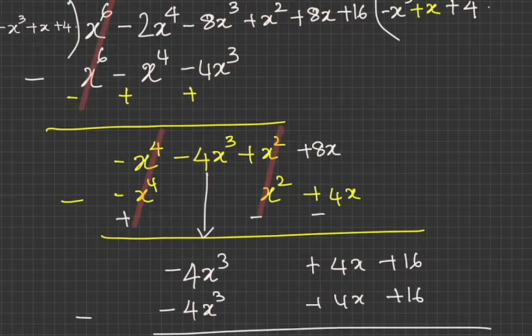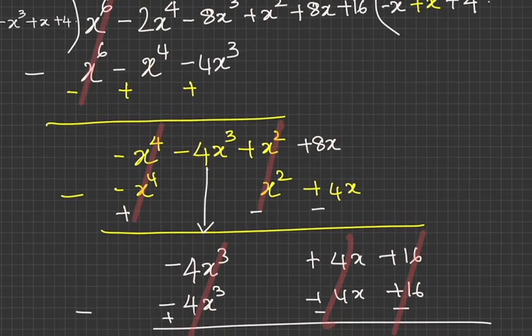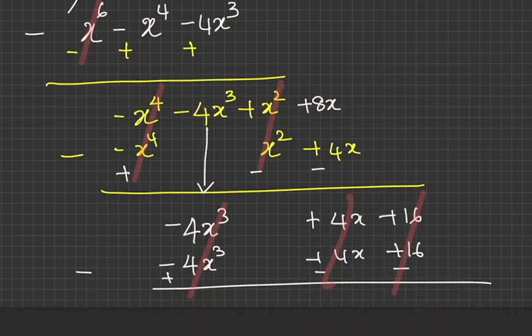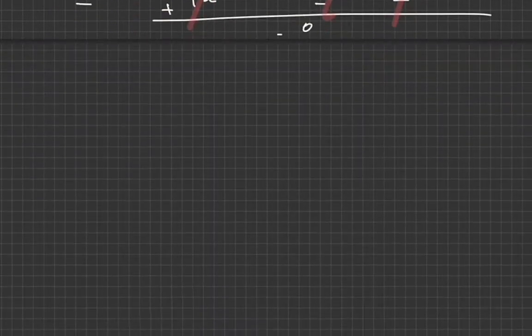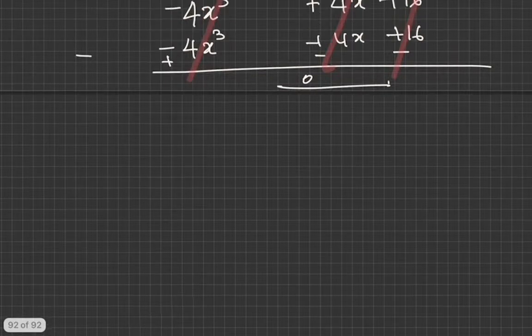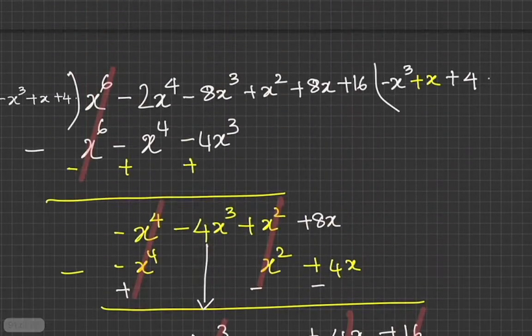And I have to subtract this. So this becomes plus, this becomes minus, this becomes minus. So all of them get cancelled out. This is my quotient: negative x cubed plus x plus 4.